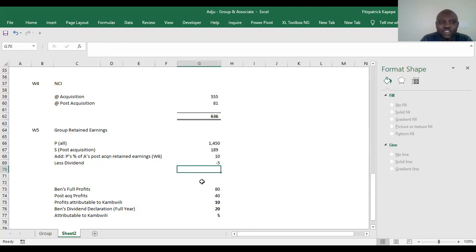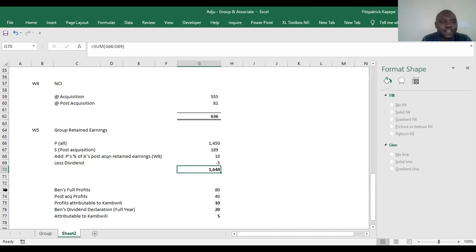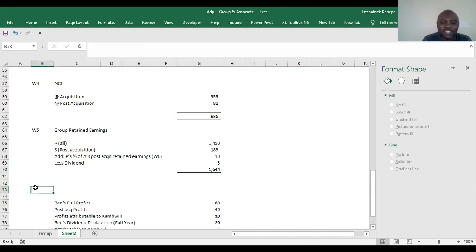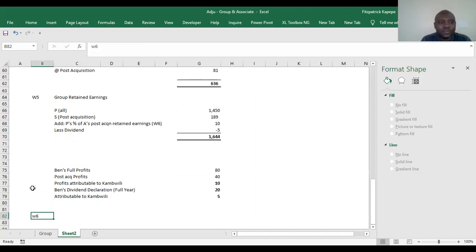So meaning that the total amount for the group retained earnings will be 644. That will be the total amount. Then here, actually I can do this so that I show that this is basically working 6.